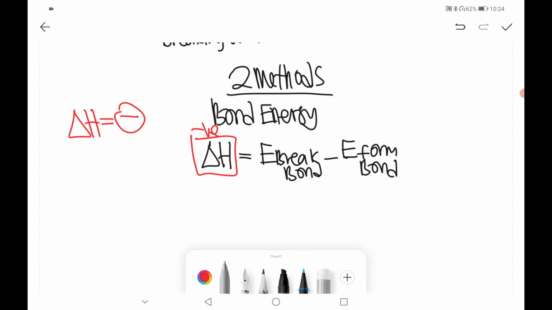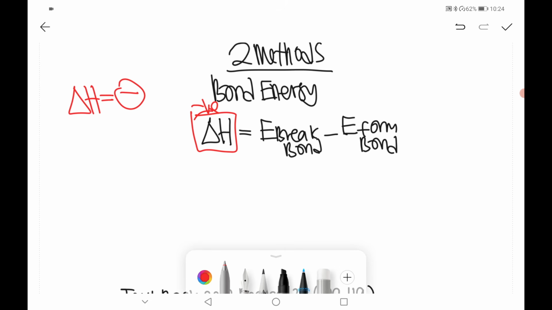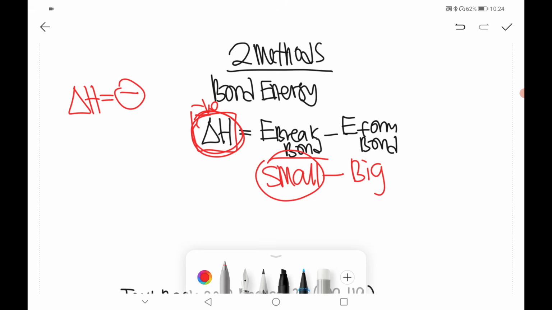So let's apply a mathematic concept. If you want to get a negative answer, you need to take a small value minus a big value. You must take something small minus something big, then only the final answer is negative.